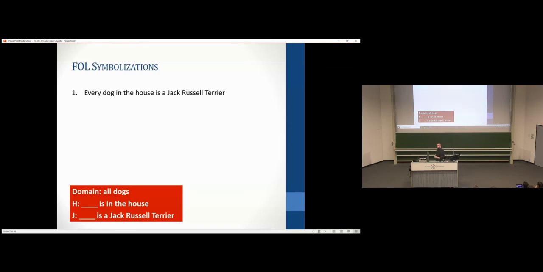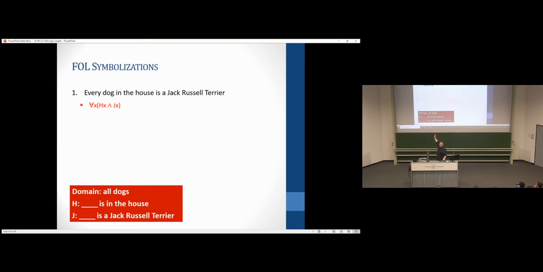First, upside down A, H, conjunction, J. Like this. That was the suggestion. Let's think. I could totally see why this is a natural pull, but let's think. What does this sentence say? It tells us everything in the domain is in the house and is a Jack Russell.